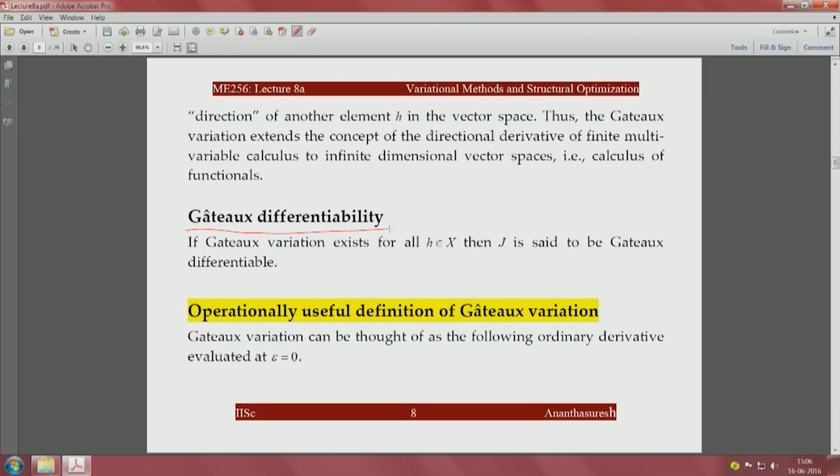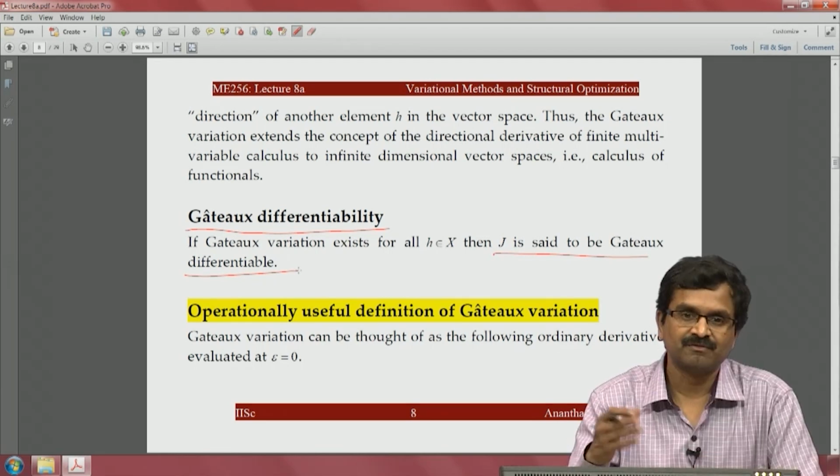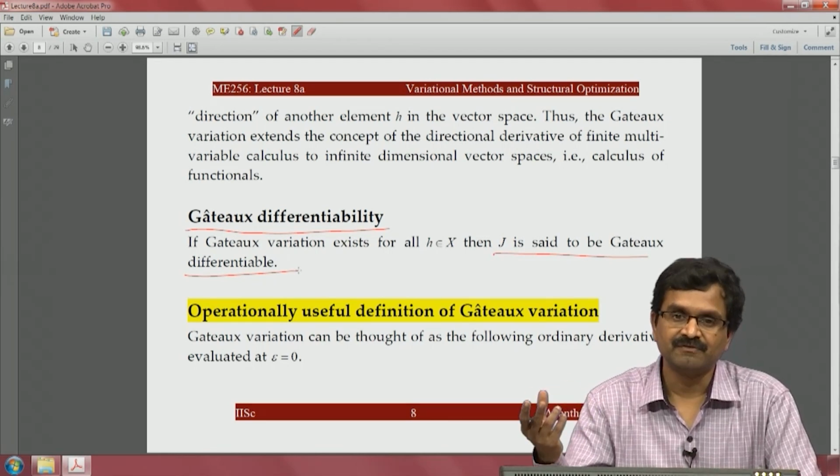If the Gateaux variation exists for all h that belong to X, where X is our function vector space, then h is arbitrary, but if you can take any h and take this limit, and it exists, then that particular functional J is said to be Gateaux differentiable. This limit business is always a tricky thing, because every time you want to find a variation, you cannot go back to the limit and work out all these things; that will be inconvenient.